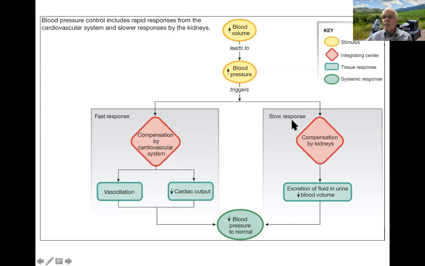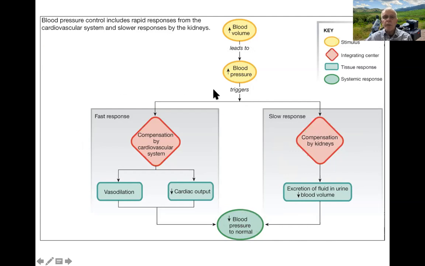The more time-dependent responses are like the kidneys. Again, if I have an increase in blood volume, like a half-liter transfusion, what my kidneys will do through time, and it will take time, okay, they'll start to excrete. There'll be excretion of fluid in the urine, increased urination. That'll reduce blood volume. That'll tend to modulate the blood pressure and bring it back down.